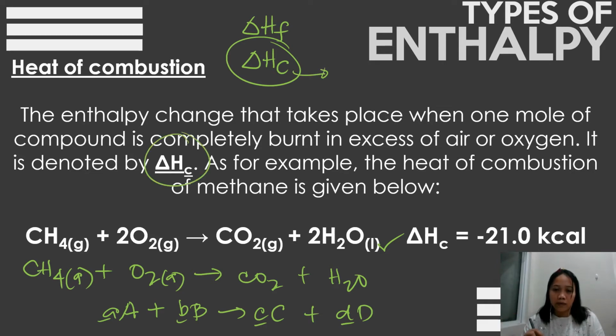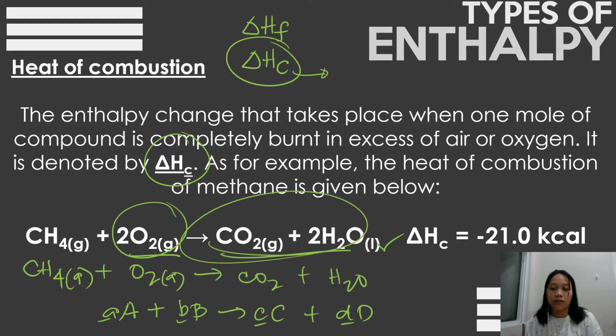So remember that, and remember as well the different reactants and products in a particular combustion reaction, because in some problems, you will not be given the chemical reaction. You will be the one to write it down. So again, for the heat of combustion, one of your reactants should be oxygen, and the products should be carbon dioxide and water.